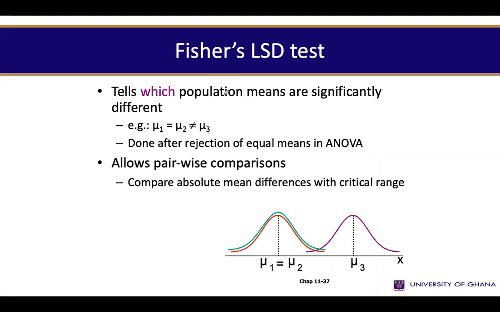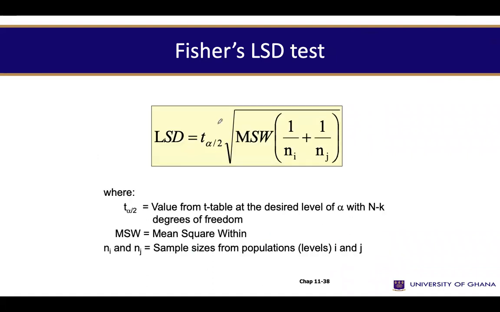All right. We also have another way to do this test, just like the Tukey-Kramer approach. We call it the Fisher's LSD test. It's the same way that we are going to do it. The only difference is how the critical range is calculated. When we are using the Fisher's LSD test, instead of using a Q table, you're going to use a T distribution, and that T distribution will have n minus k degrees of freedom.